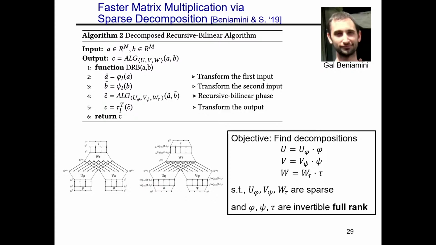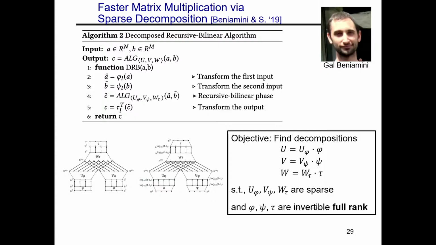Right. So again, you will have four recursive trees, one for each transformation, and one for the bilinear portion of the algorithm.